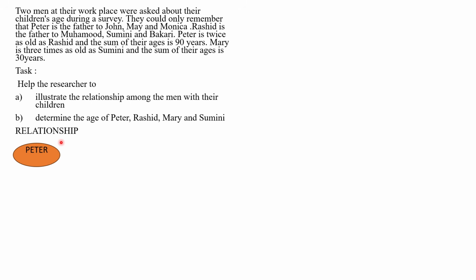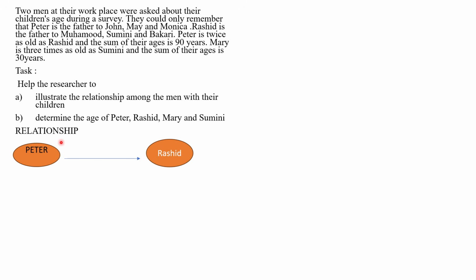But remember, Peter is the father of John, Mary, and Monica. And then we have also another father, that is Rashid. Now, those ones are the fathers. But remember, those two people were working at the same workplace.